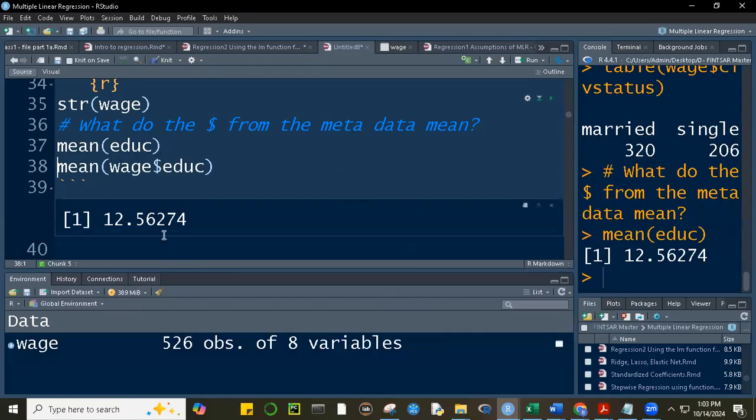Kindly tell me class what you got for mean education. Did you get the value 12.56 when you get the mean of education class? Or did you get an error term, an NA?